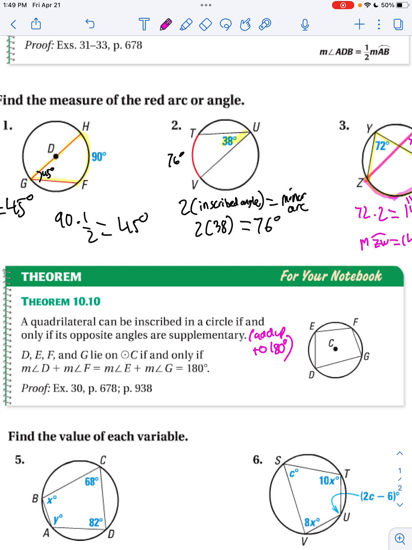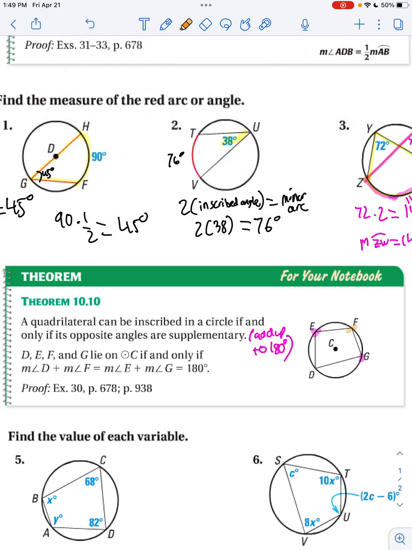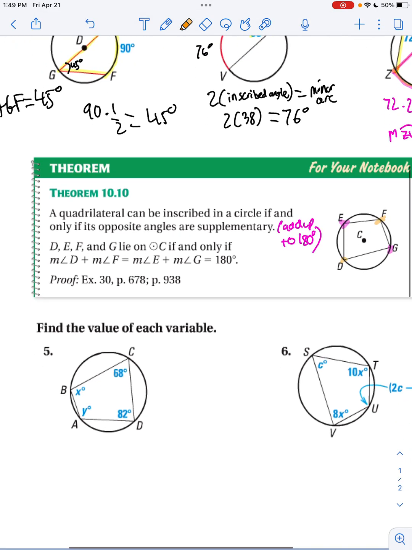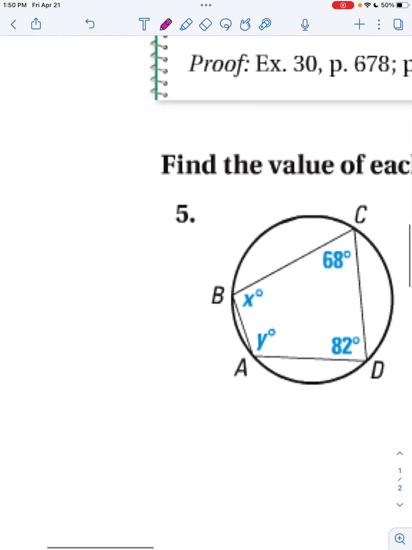So basically, I'm looking for E and G to be 180, and I'm looking for F and D to equal 180. So I can set up 2 different equations here.